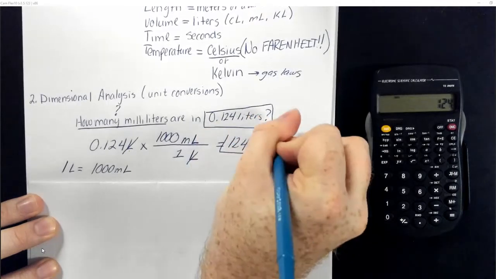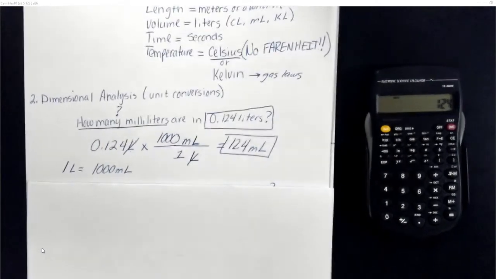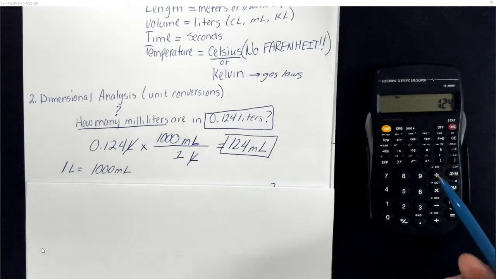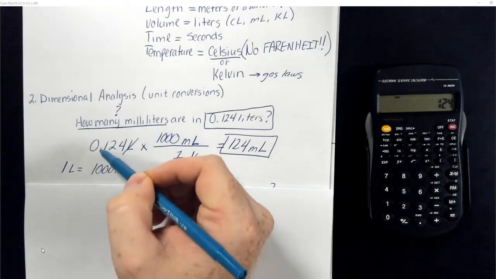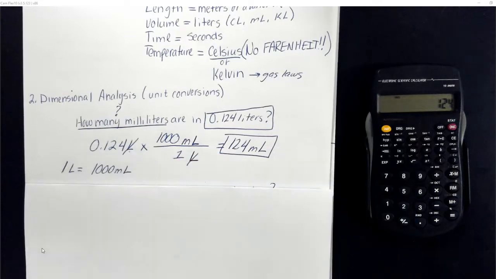Never forget to tag on your unit at the end there. You are never allowed to have naked numbers in science. We must have units. Always, always, always. For those of you that wouldn't need a calculator, and technically you didn't, if you're smart enough to realize multiplying by 1,000 is the same thing as moving the decimal places over 3 places to the right, you could have totally done that. Totally allowed.